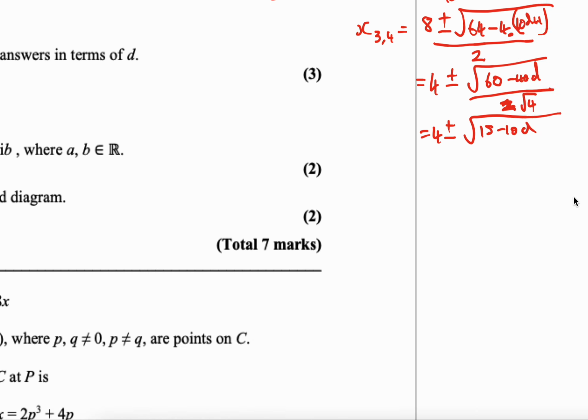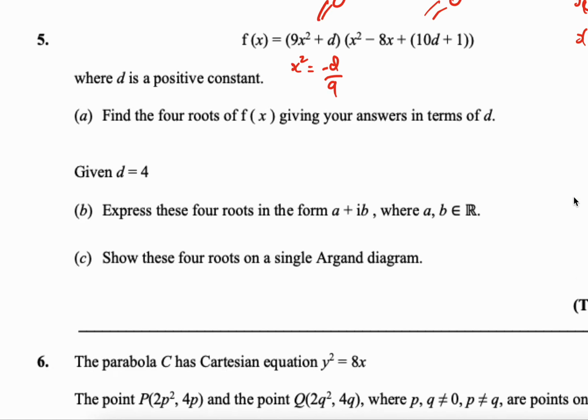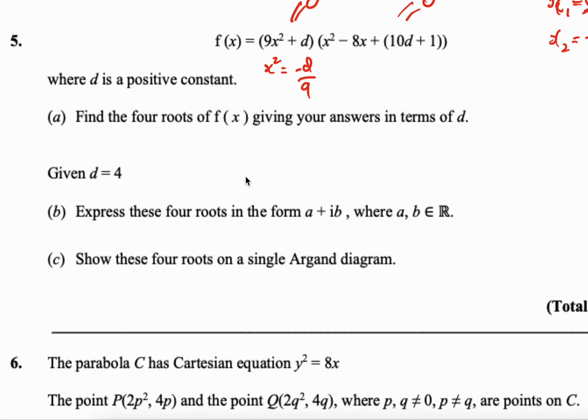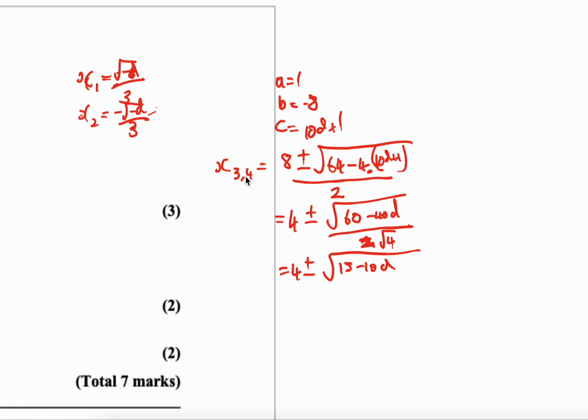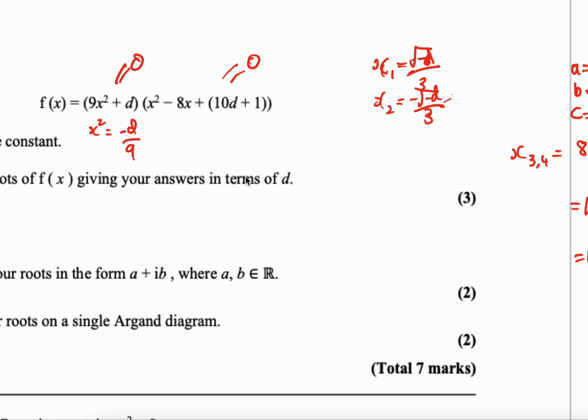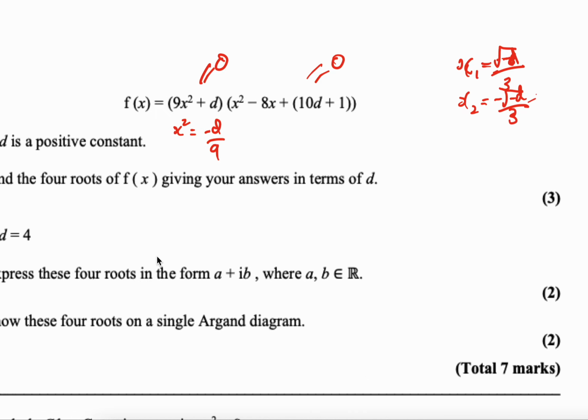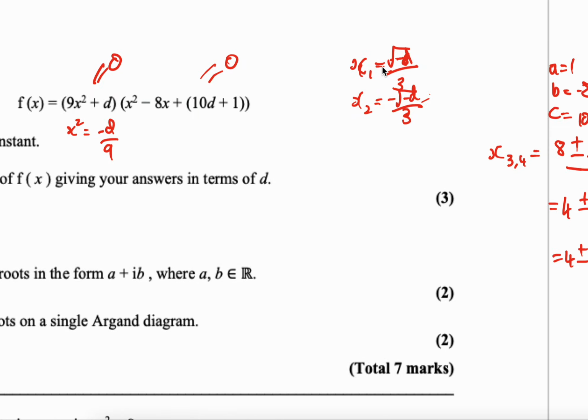So you've got that, that's x3 and x4. And now you're told d equals 4, so d isn't negative. That's annoying. What does that tell you about these? Imaginary, right? So the square root of 4 is 2, so x1 is plus 2 over 3i and x2 is minus 2 over 3i.